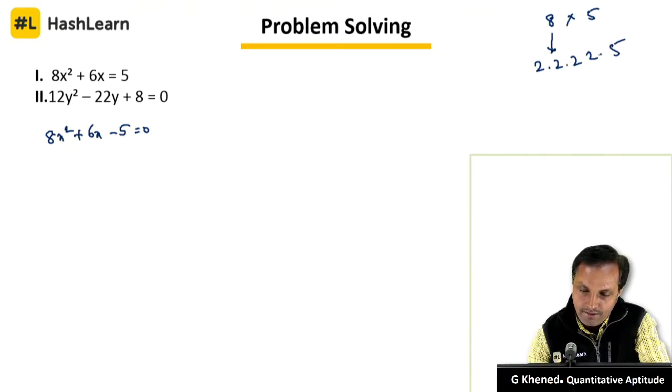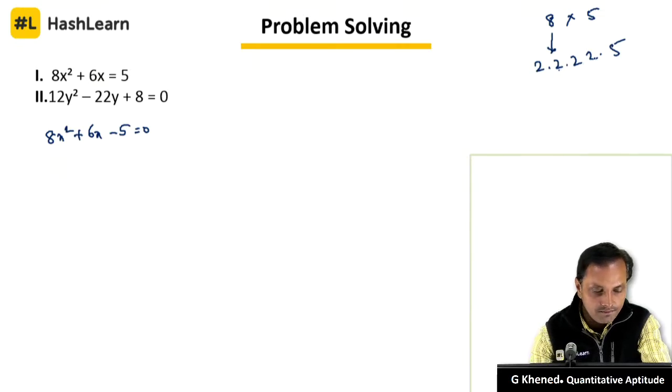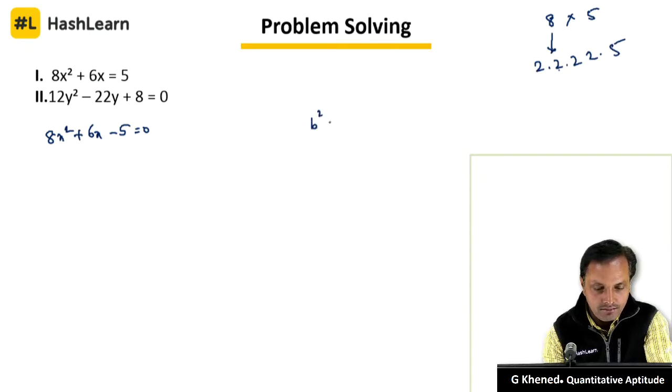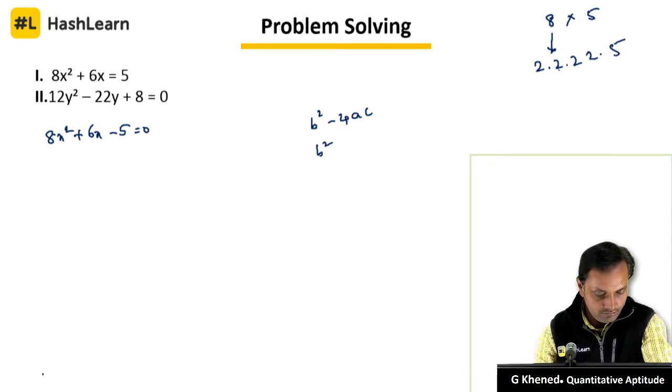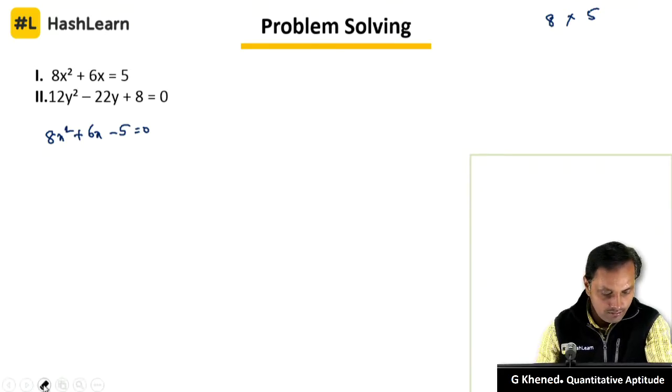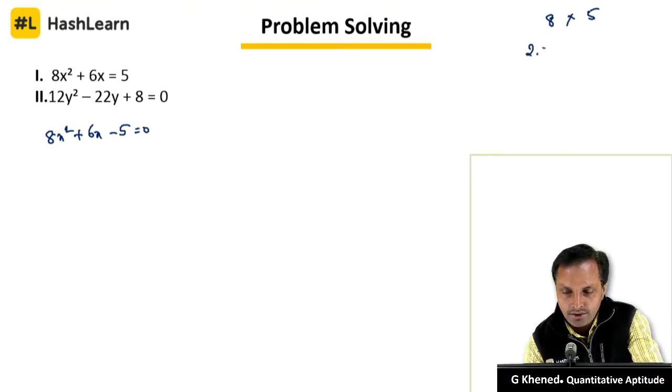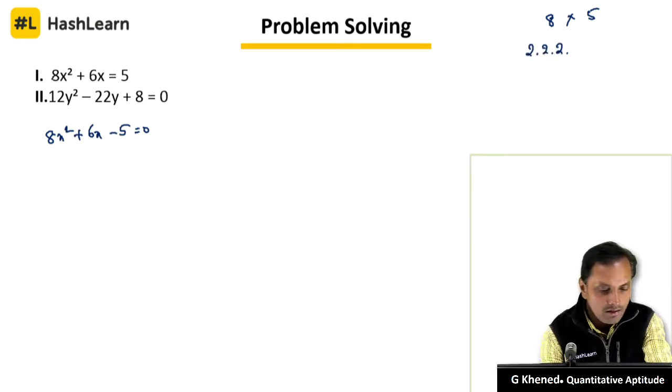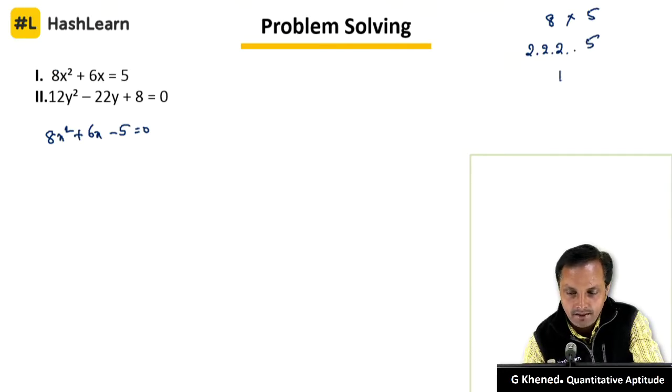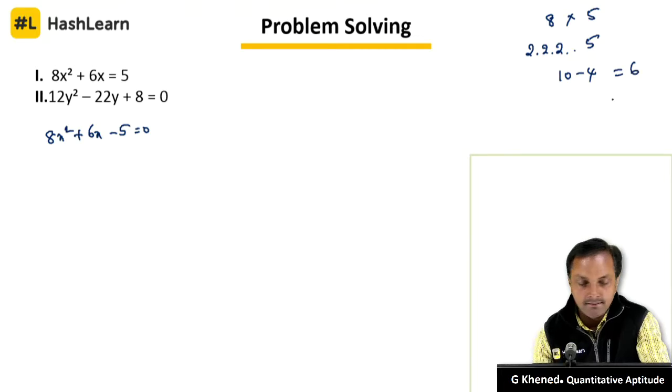Then if you try, 5 into 2 is 10, 2 into 2 into 2 is 8. 10 into 2 is 20, 20 minus 4, no. So 2 into 2 into 2, that is for 8, and this is for 5, 2s are 10 minus 4, you are getting 6.